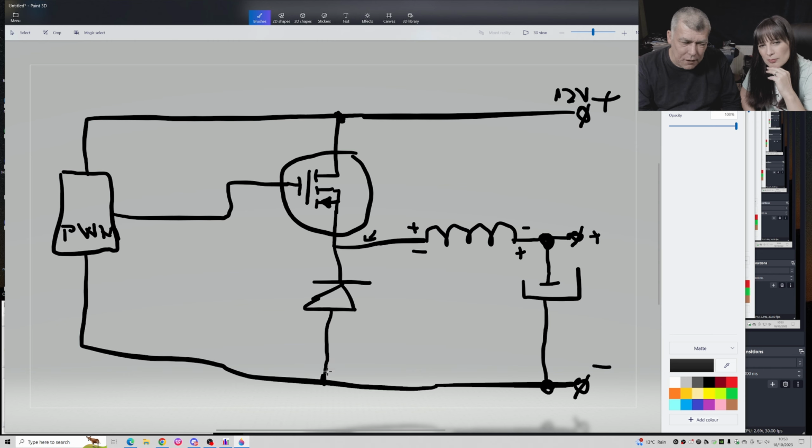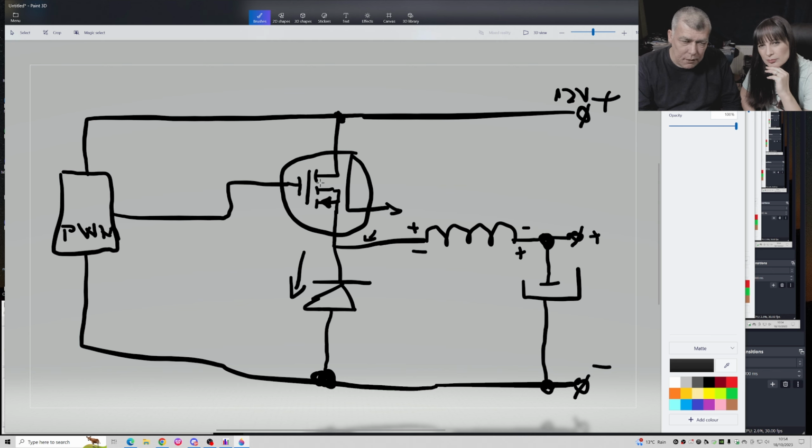So this is not a Zener diode. It's a normal diode, so the current will never flow in this direction, at least this current. But when the coil is bouncing back, you charge it plus and minus. Plus is coming through this MOSFET, right?